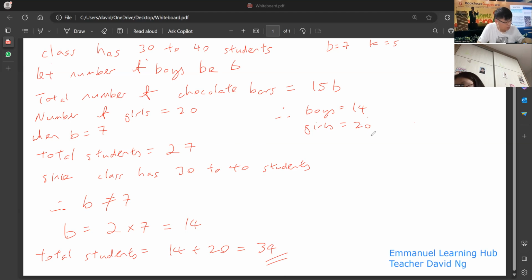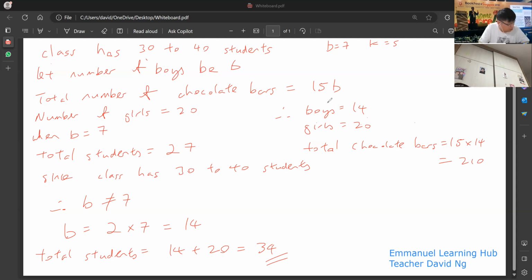How many chocolate bars does their form teacher receive? So the total chocolate bars is 15 times 14. Let's work out what it is first. 210.